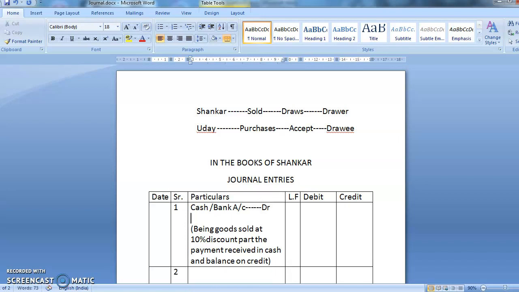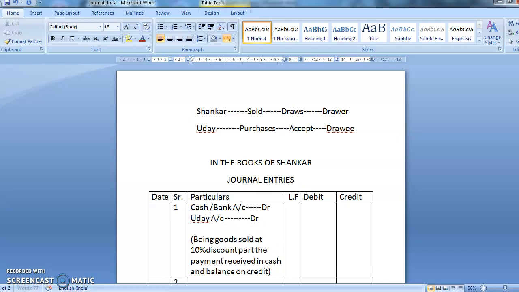Correct? Then something is sold on credit also. So the debtor is Uday, so you have to write Uday account debit.